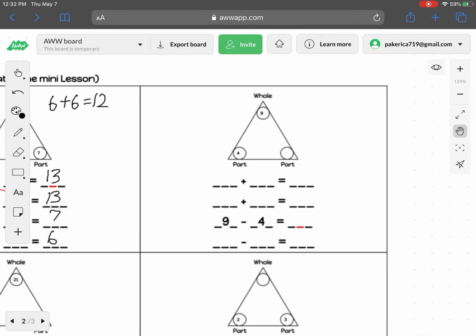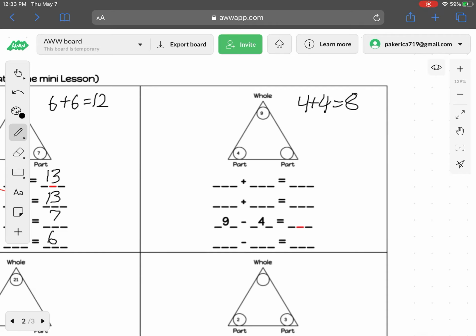Here, I notice that I'm missing a part, but my equation that I'm given is 9 minus 4 equals something. So here I want to think again about what doubles fact I can use to first solve my problem. Well, I see the number 4 as one of my parts. So I can think of a double, which is 4 plus 4 equals 8.